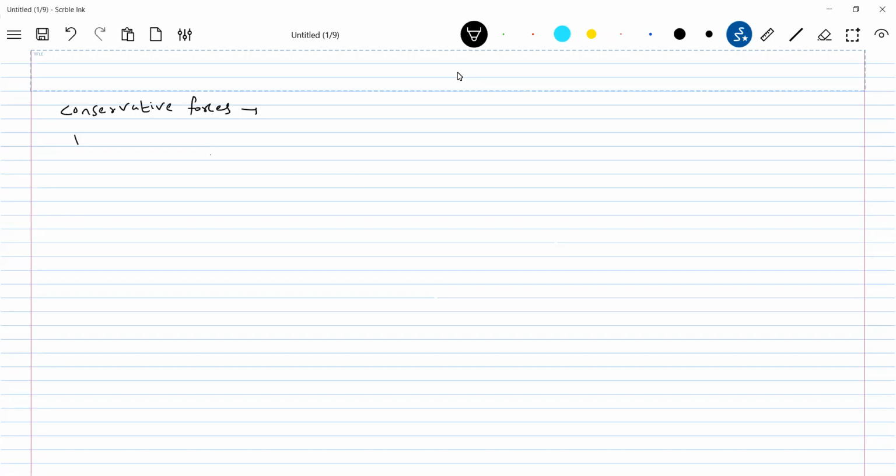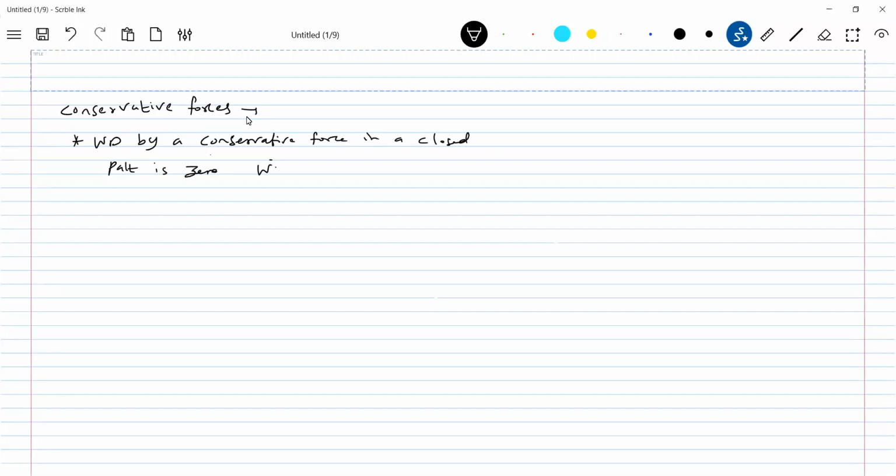So what do you mean by conservative forces? What are the basic features of that? Work done by a conservative force in a closed path is zero.